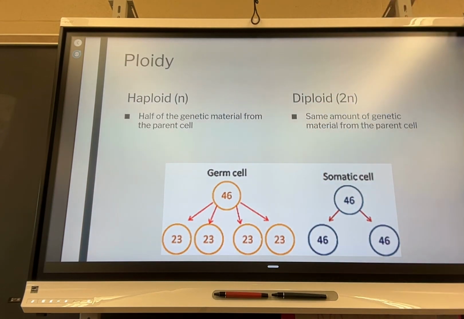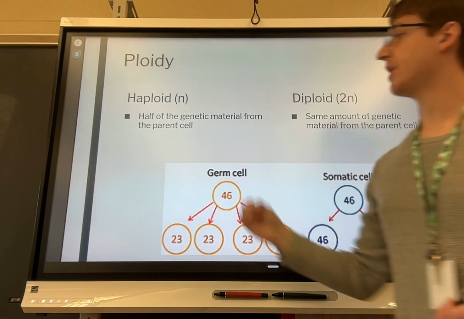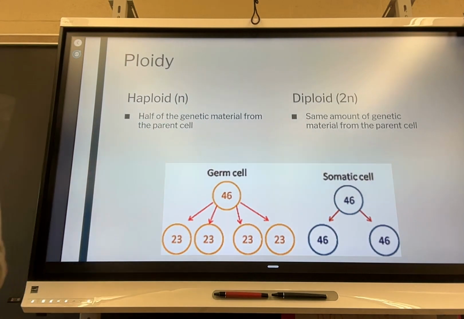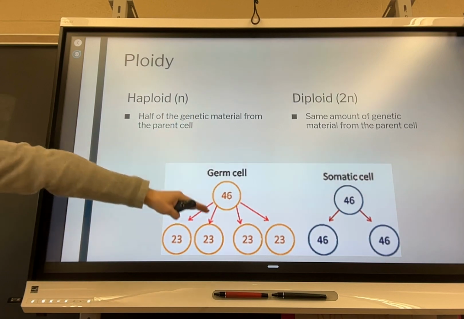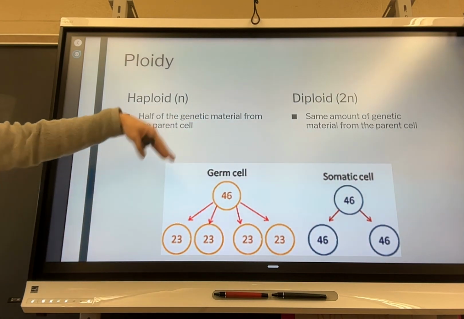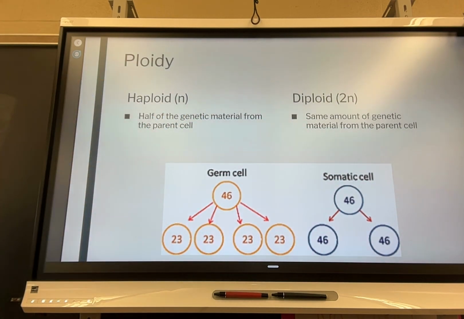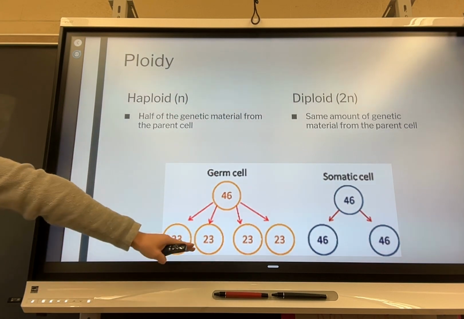Our haploid cells have half the genetic material from the parent cell. So if a cell has 10 chromosomes, a gamete, in this case a germ cell, would have half of that. So if we have 46 chromosomes, each one's going to get 23.